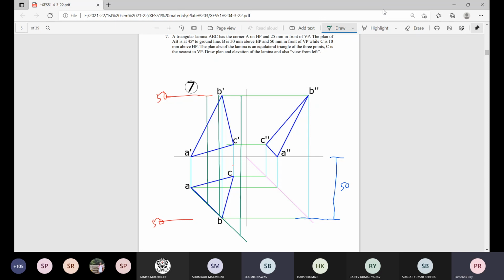You need to pinpoint this location B. B should be on plane line AB, which is the 45-degree line, and it will be at this 50 millimeter distance. Then only you can satisfy both this clue and find out this. Then only we draw a line through this plane point perpendicular to the GL and meet this level.